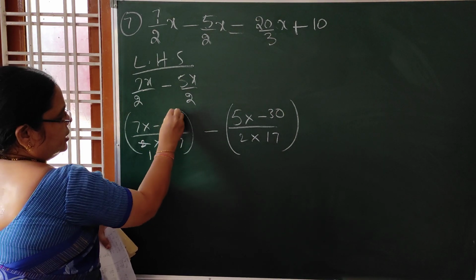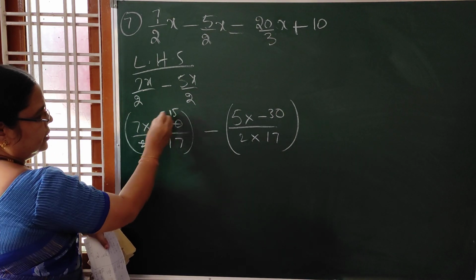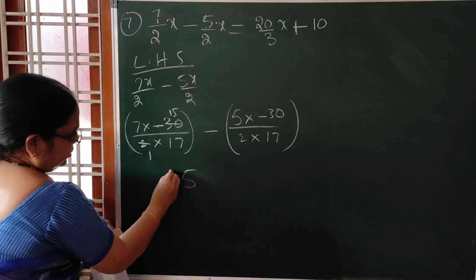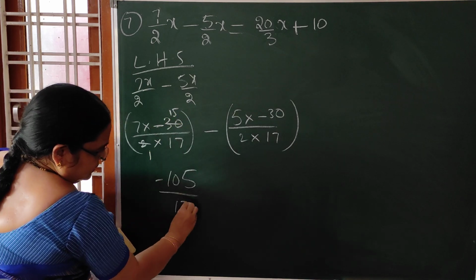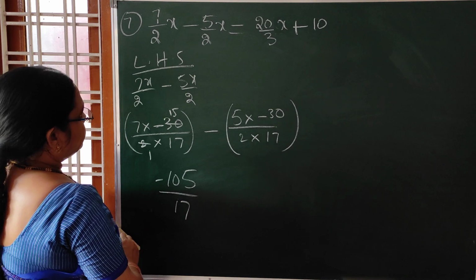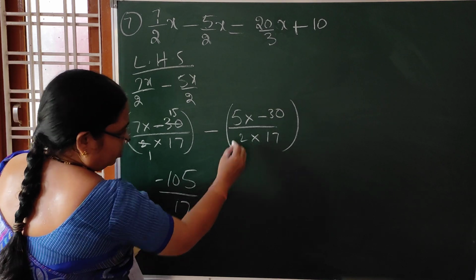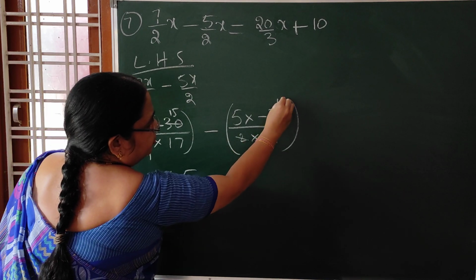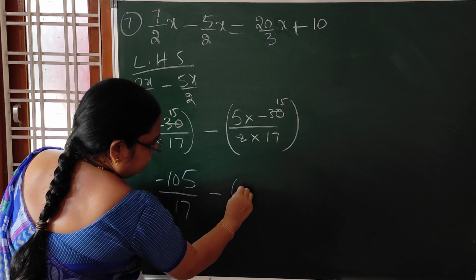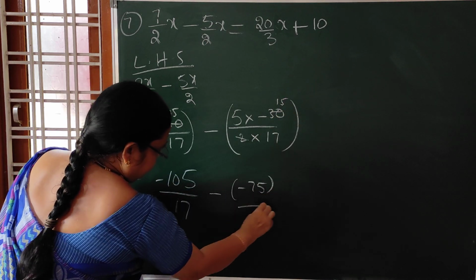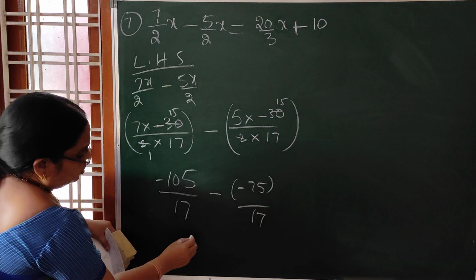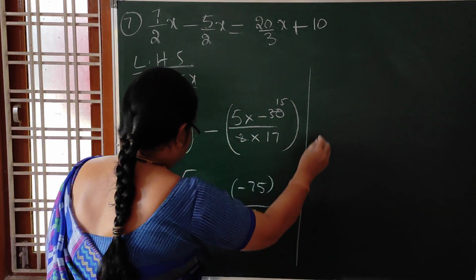2 ones are 2, 15s are minus 15. Into 7 is 7 5s are 35, minus 105 by 17, minus of, this is also 15 times, 15 5s are 75, minus 75 by 17. So this becomes what?